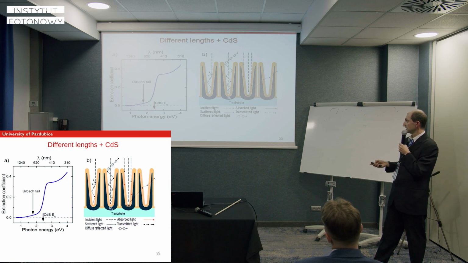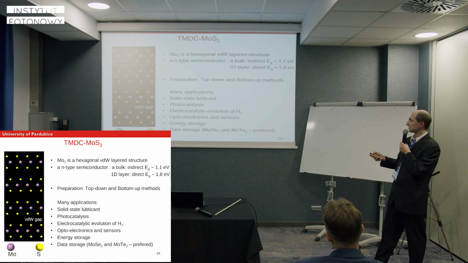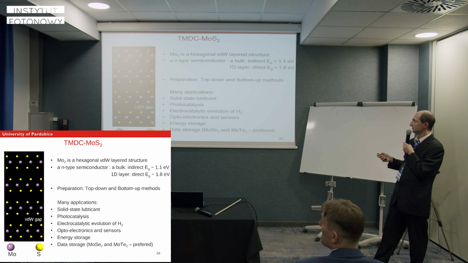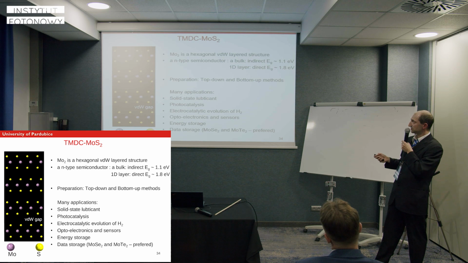Okay. And here is a little bit different topic, but basically this is the same story. This is transition metal chalcogenide materials. Molybdenum disulfide is a typical representative of that. It crystallizes in a hexagonal van der Waals structure.